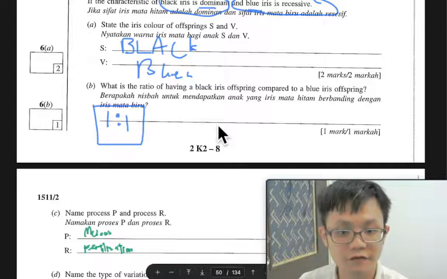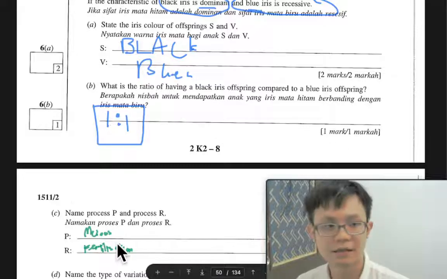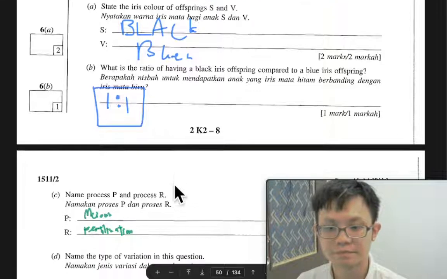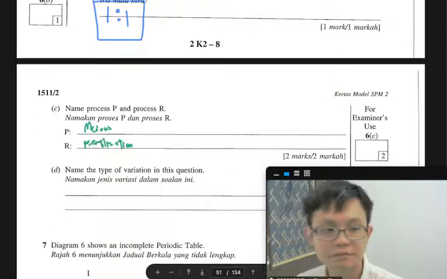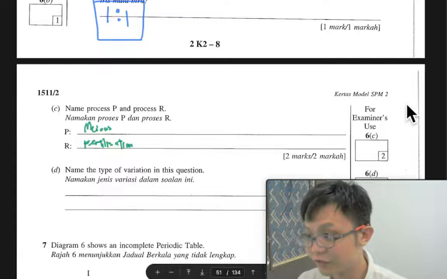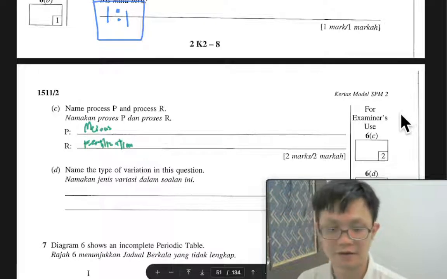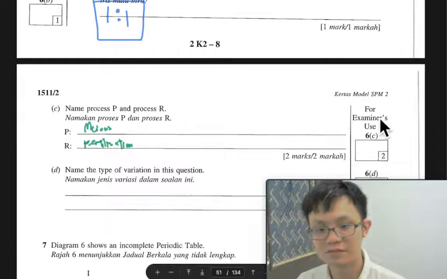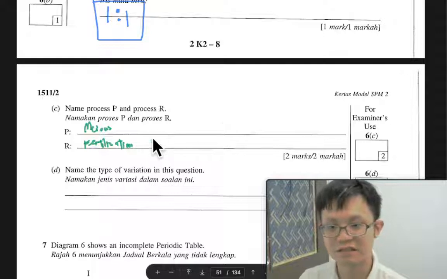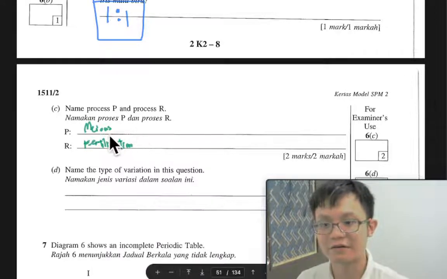Okay, that is for fertilization. How about meiosis? Meiosis is cell division with what? Because mitosis also is cell division. So what is the difference between meiosis and mitosis?